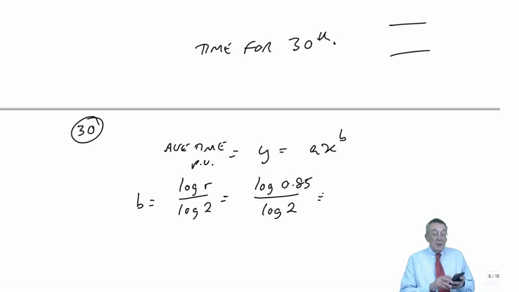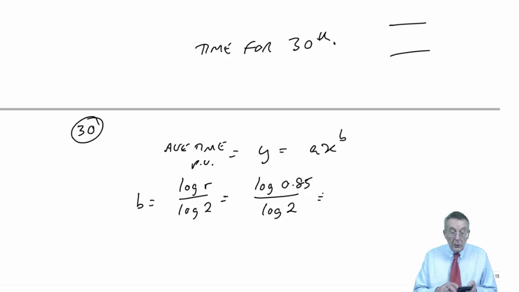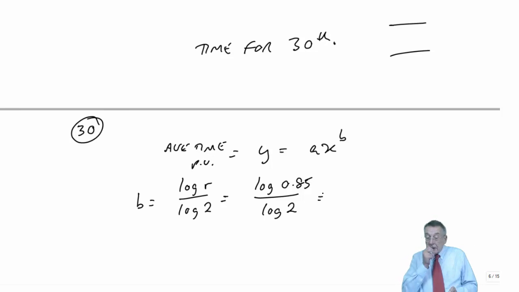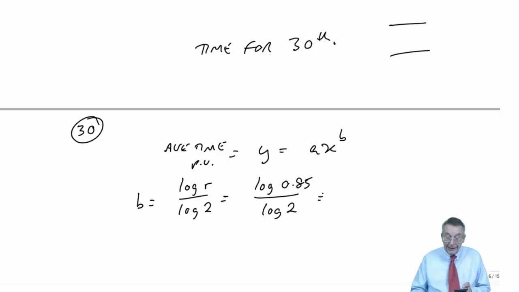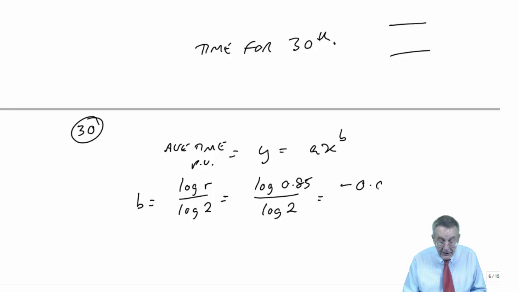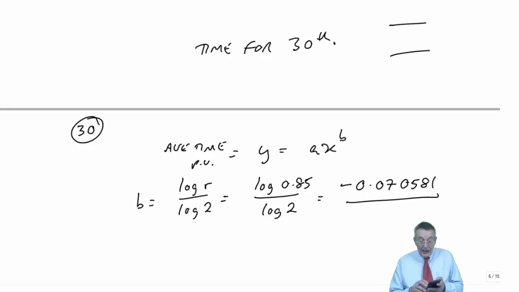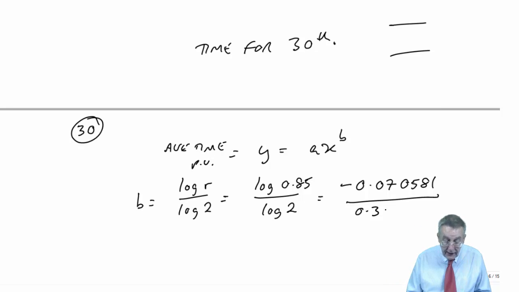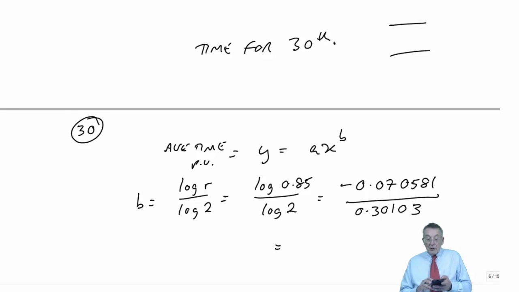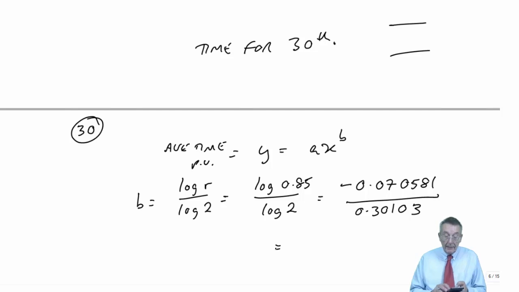And although you should be able to use your memory and use brackets and things, use your calculator efficiently, just so you can check, I'll write it all down properly. 0.85 log is minus 0.070581 divided by 2 log 0.30103, which if you divide gives 0.070581 divided by 0.30103.